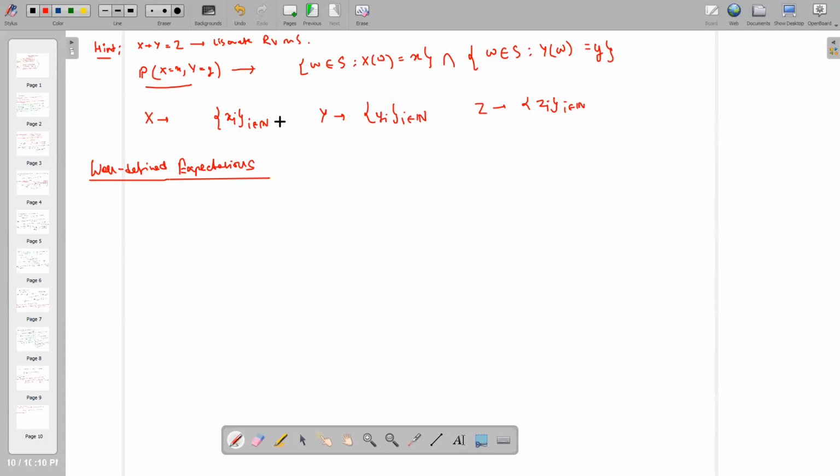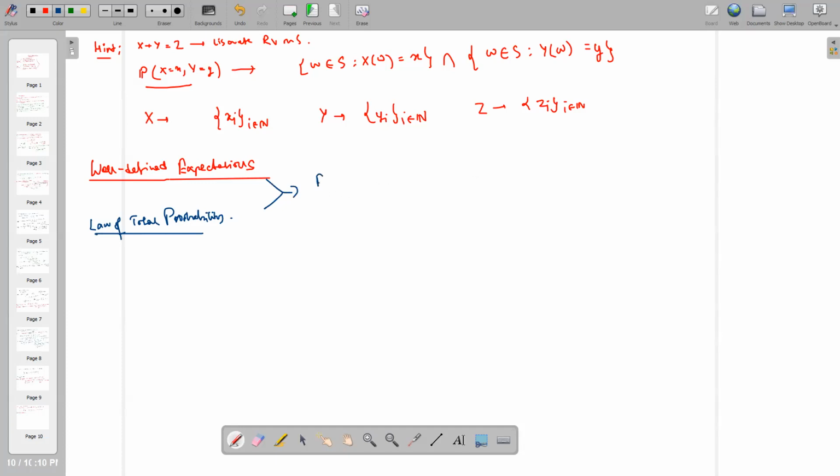You know the law of total probability, right? I mean, you must know. Due to the law of total probability, what can you write?